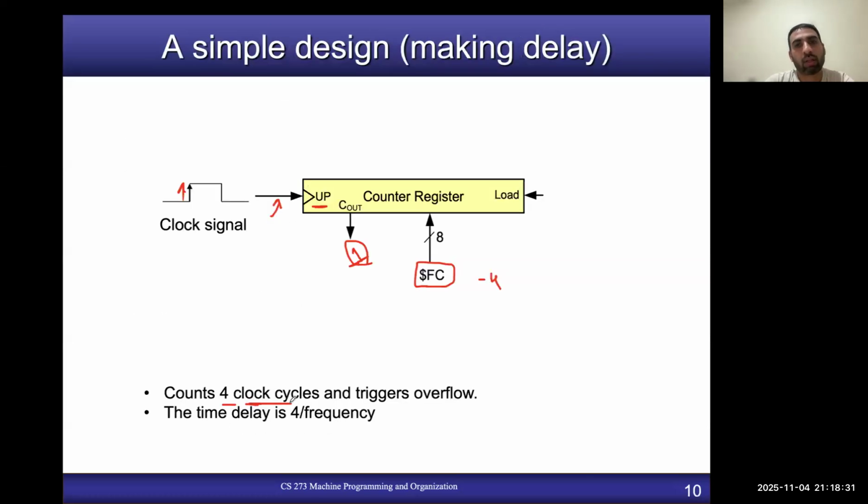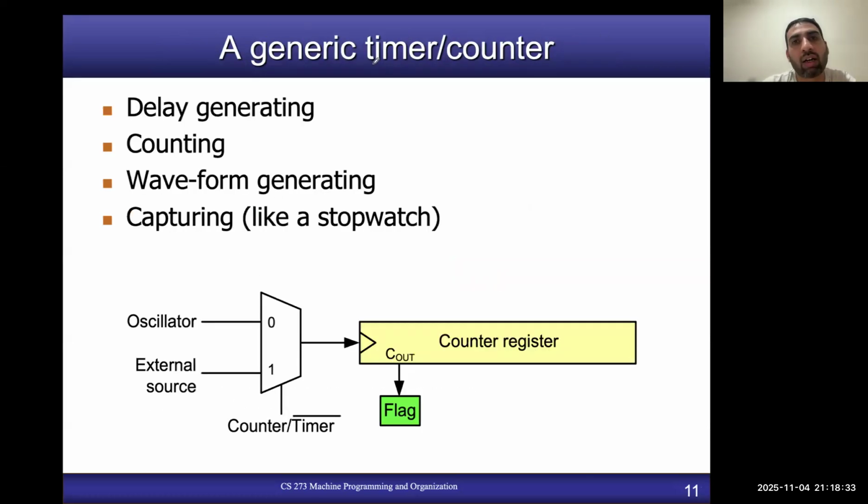So here we are just combining what we have seen until this point, that is timer and counter. We can use a generic timer or counter for generating delays, just like we have seen in the last slide, or to count events, or to generate waveforms, or for capturing a signal and using it as a stopwatch, right?